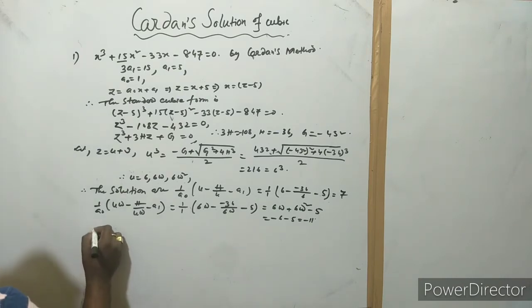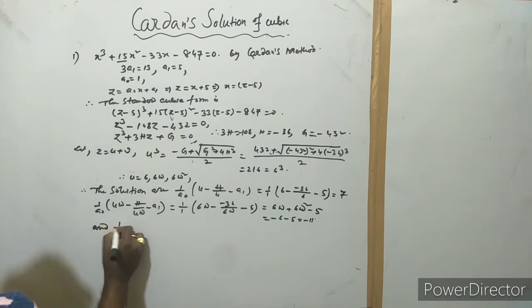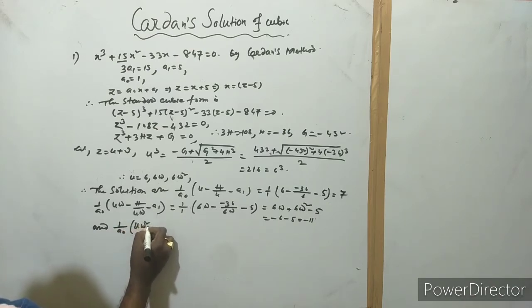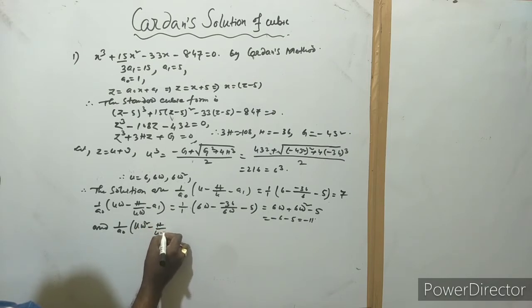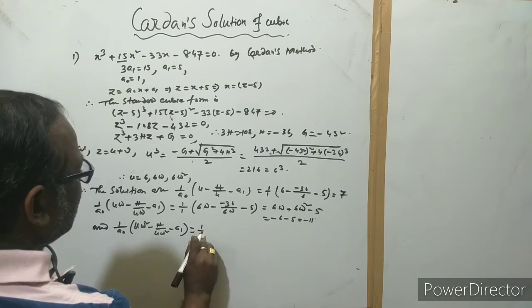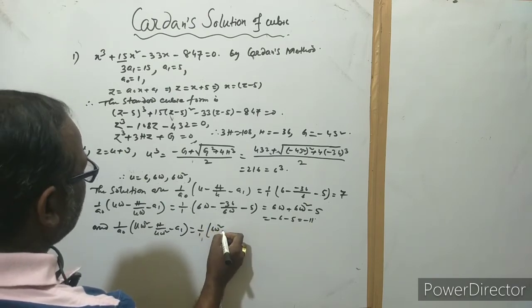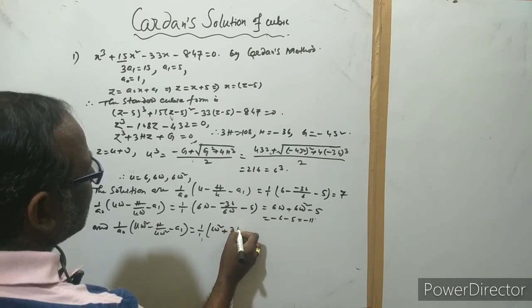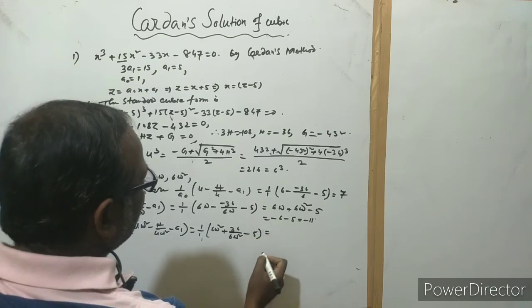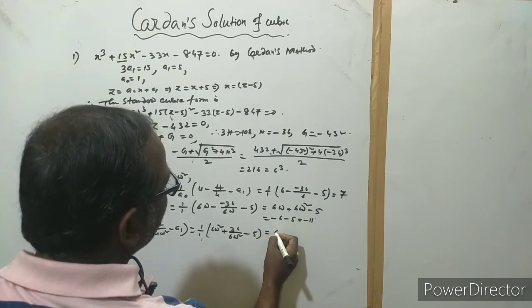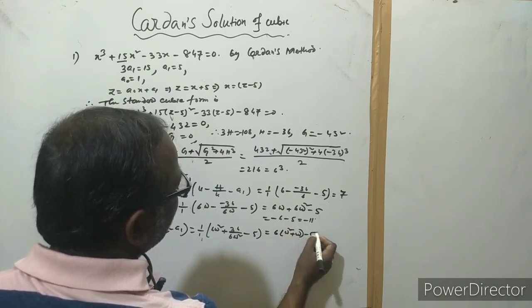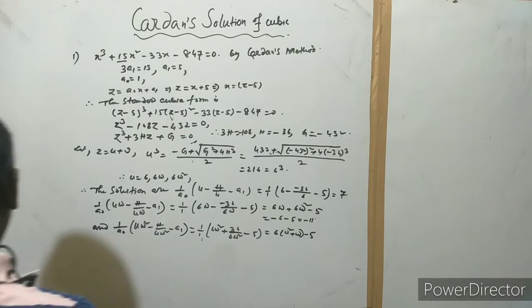And the last, 1 by a0 times (u omega square minus h by u omega square minus a1): 6 omega square, minus 36 by 6 omega square, and 5, so this is 6 omega square plus omega minus 5.